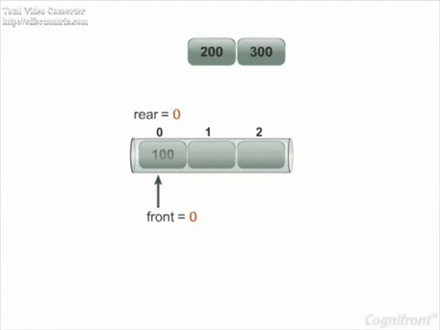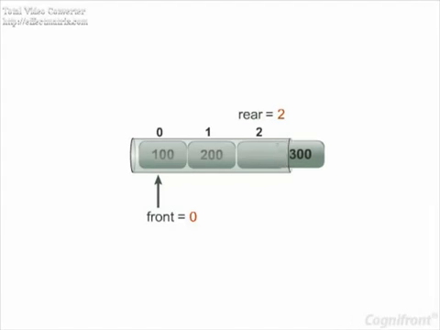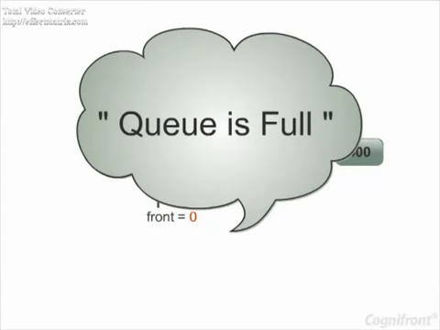It is added after 100 and now rear is 1. Next, add number 300, which is added after 200. Now the value of rear is 2. Then add another element, say 400. But now the queue is full, so it is not possible.